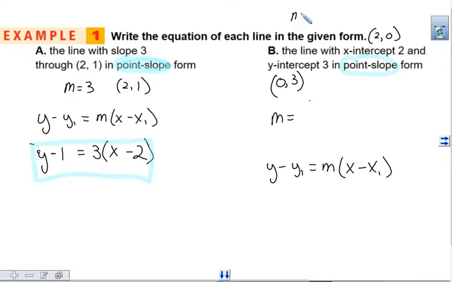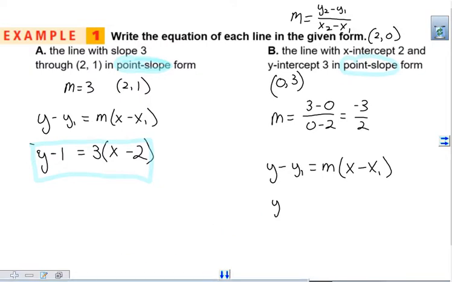Remember that the formula for slope is y2 minus y1 over x2 minus x1. So that would be 3 minus 0 over 0 minus 2, which equals negative 3/2. So that is our slope. Now, it doesn't matter which of these two points you choose. You just have to choose one of them.